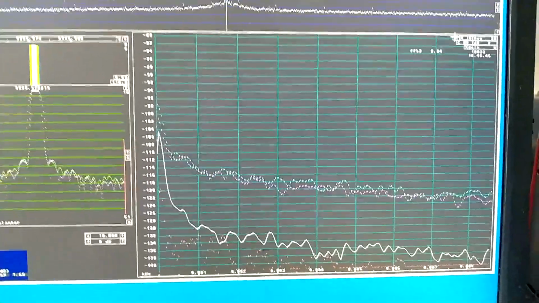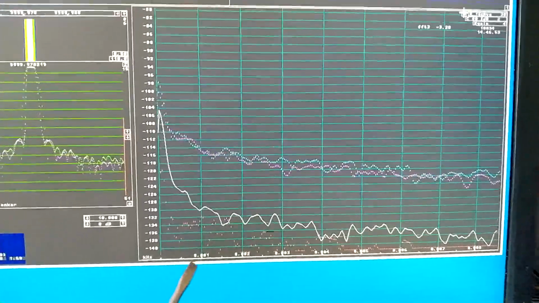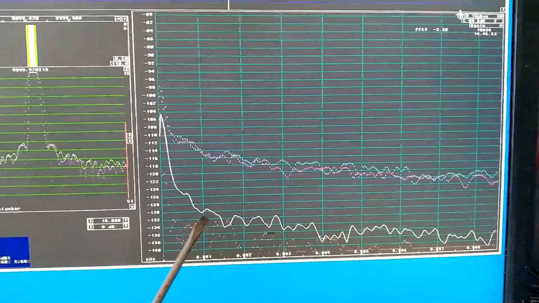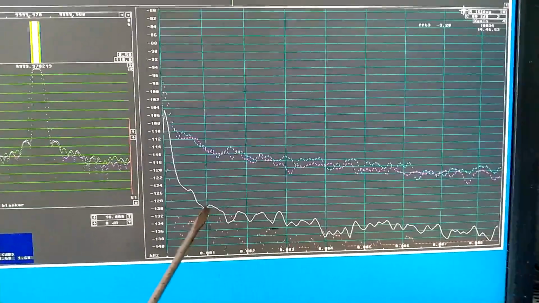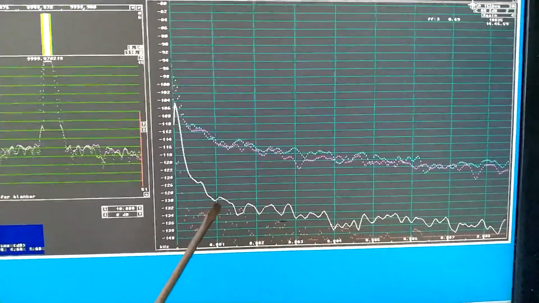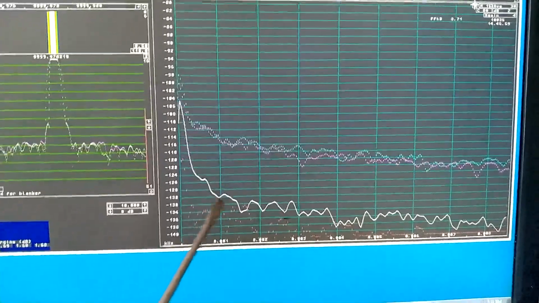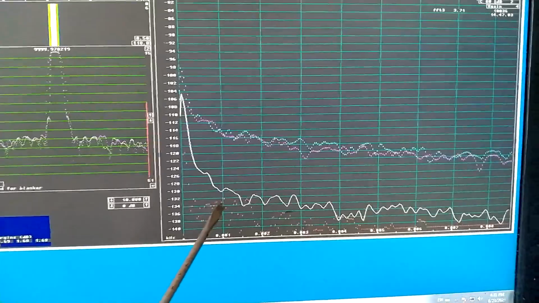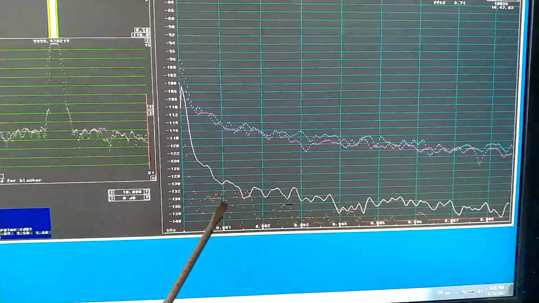The close-range amplitude noise at 1 Hz is much lower, around minus 130. But it is not measured accurately. The imaginary part is only a couple of dB below.